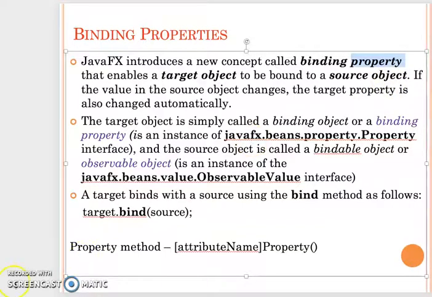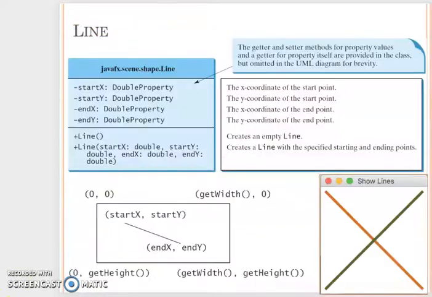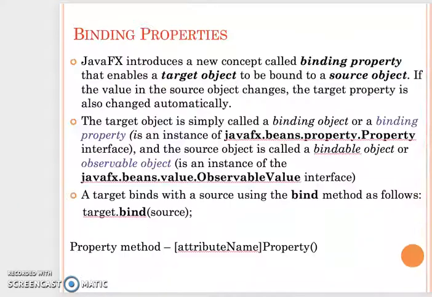So each attribute in your line is not a double value anymore. They are double properties. Each property can bind with another property to change their value. So that's what we call the binding property.